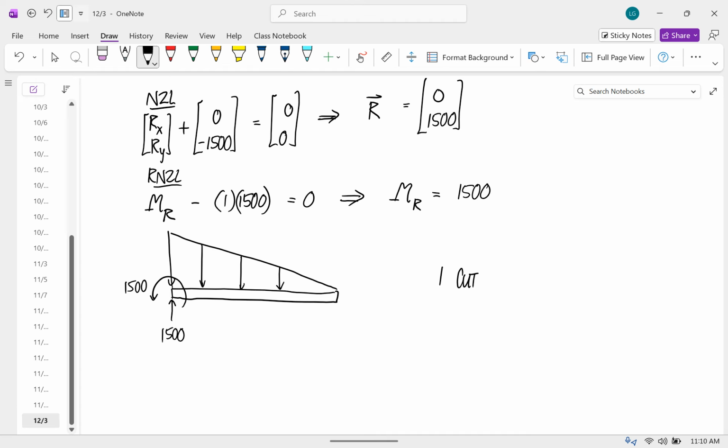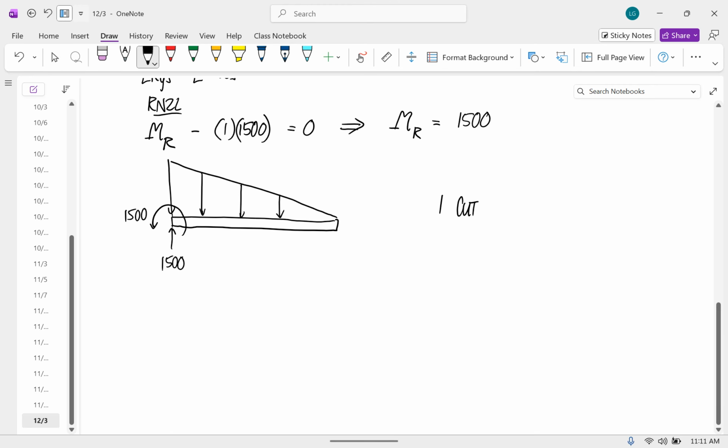Okay, so what's our cut going to look like? I'm always going to go left to right. I'm never going to stop doing that in this class.